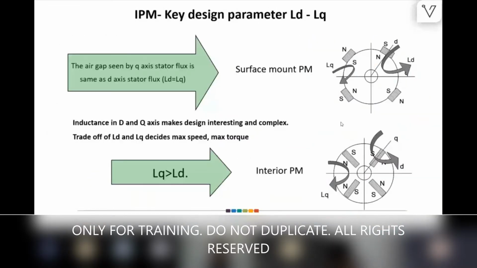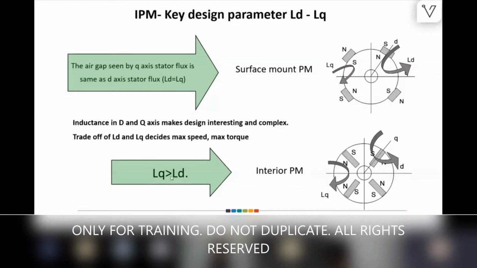There are two topologies that I see in permanent magnet machines: surface mount permanent magnet, and interior. Interior permanent magnet machines are the most dense. Power density and torque density are very high, because they bring some saliency.